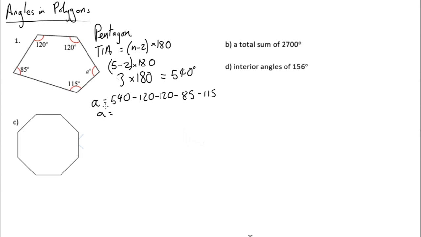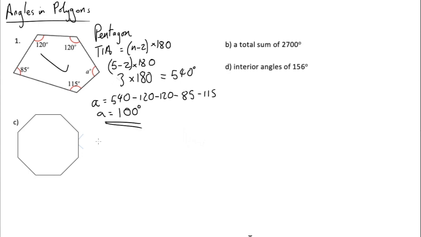We get an answer of 100 degrees. So for this type of question, find how many sides it's got, work out the total interior angle, and then work out the missing angle. Done.